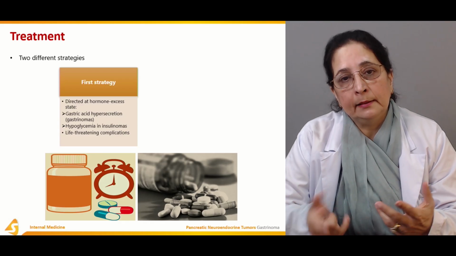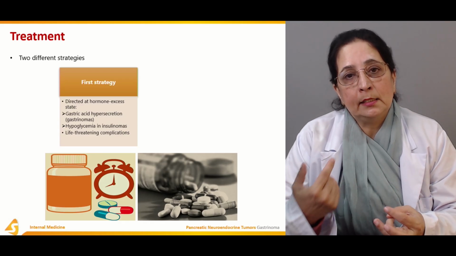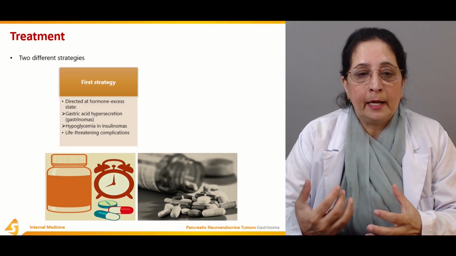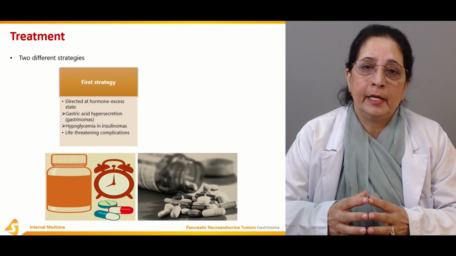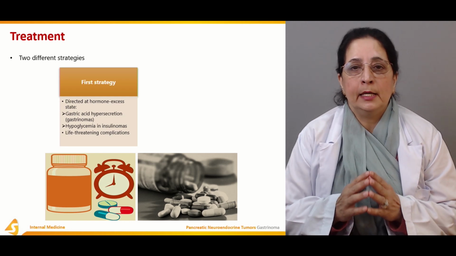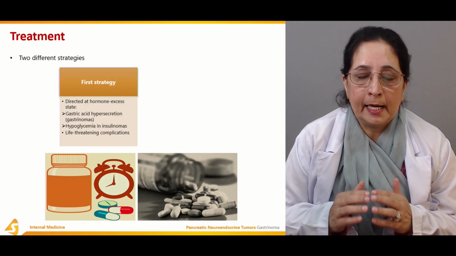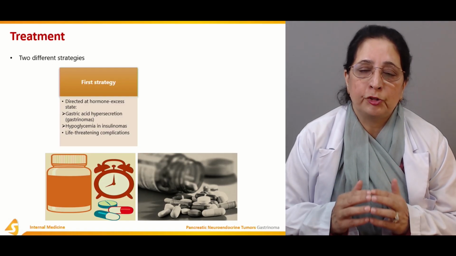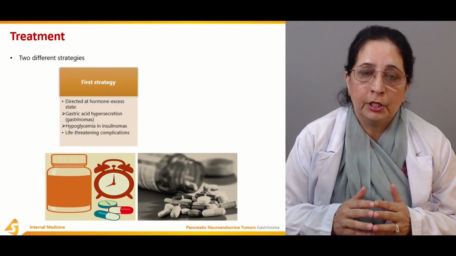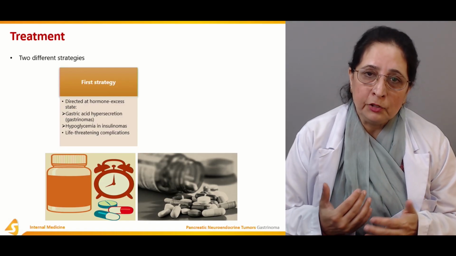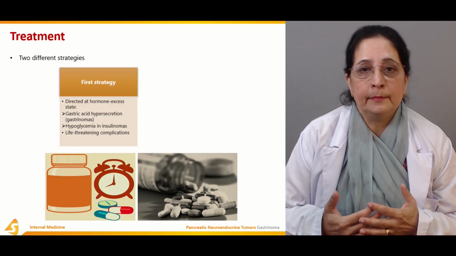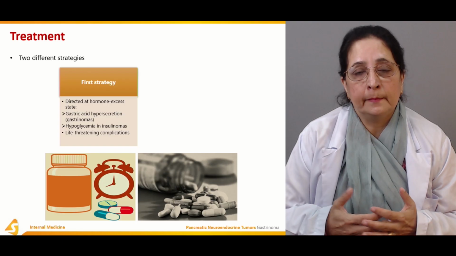What happens in gastrinomas? Excess gastrin or acid production is occurring. We have high gastric acid secretion, and the aim of the treatment is to treat that excess gastrin or acid secretion, so that it avoids or reduces the severity of some of the symptoms.